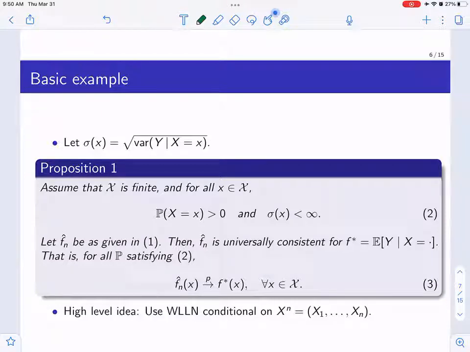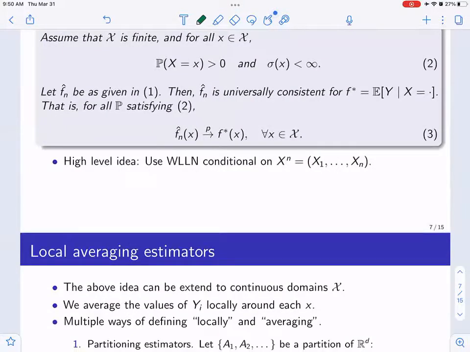So it converges uniformly. I'm going to use the notation f hat n minus f star in L infinity, which is just the supremum or maximum over x of these guys. This turns out to also converge in probability to 0.